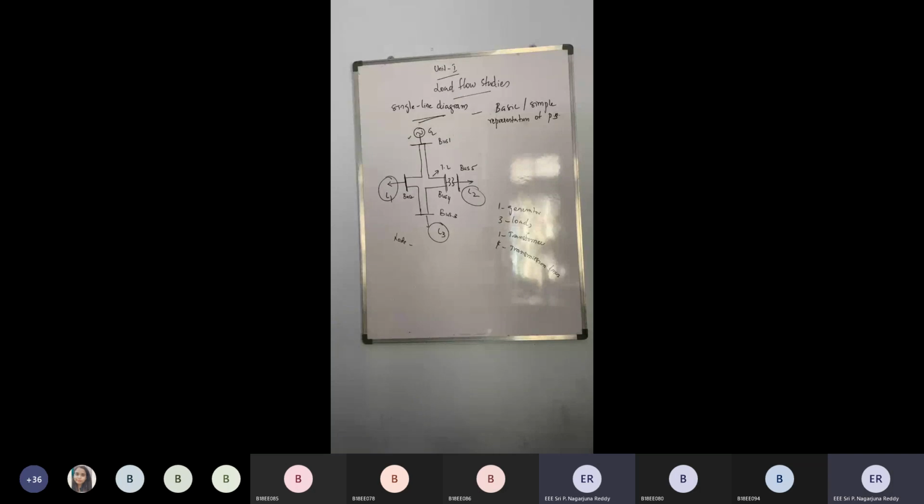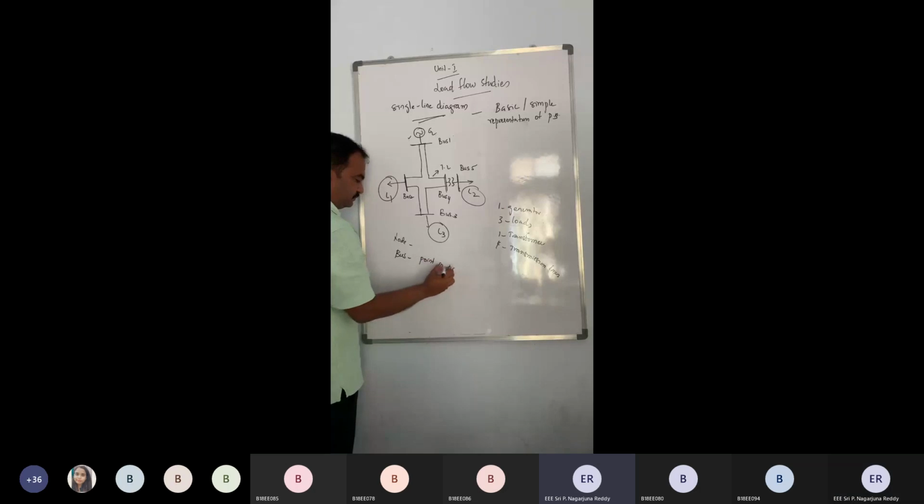So, to broadly define a bus, a bus is nothing but a point in a power system where 2 or more elements are connected.